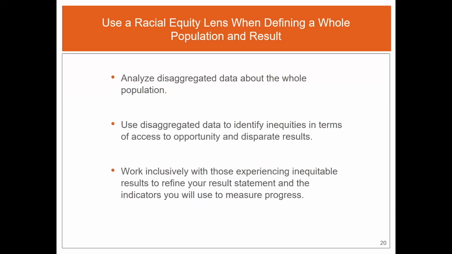So we encourage leaders to not just gather disaggregated data, but use that to identify inequities in terms of access to opportunity and disparate results, to uncover who's most burdened by the way systems and structures are currently operating, and also to work inclusively with those who are experiencing inequitable results to refine the result statement and indicators that you'll use to measure progress so that they're meaningful to that population as well, and they can join you in the effort to make sure that everybody is experiencing good and equitable results.